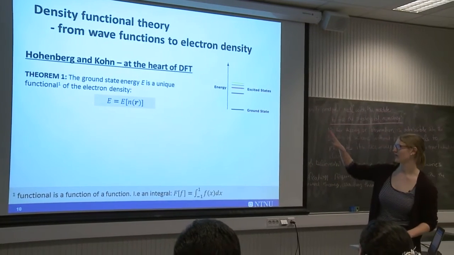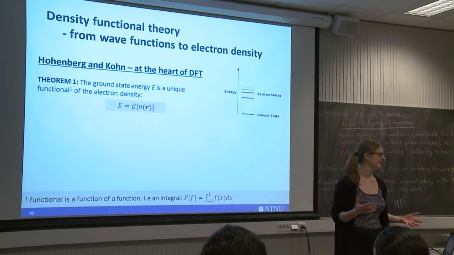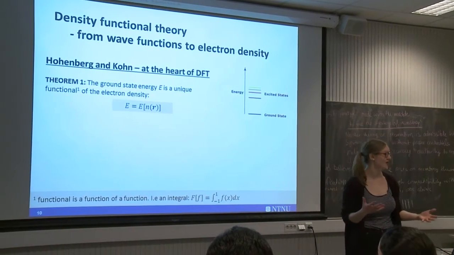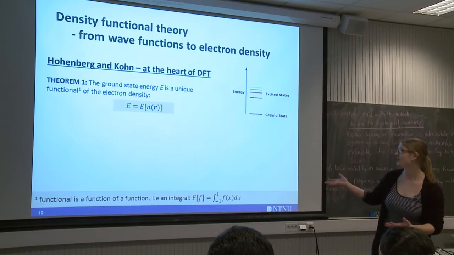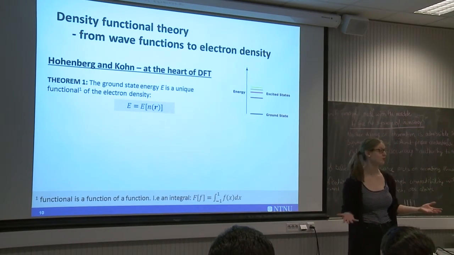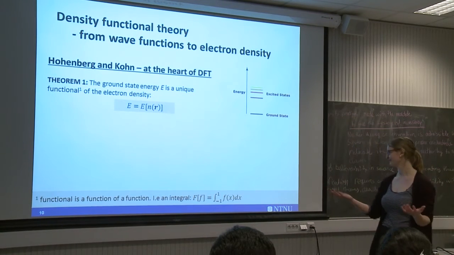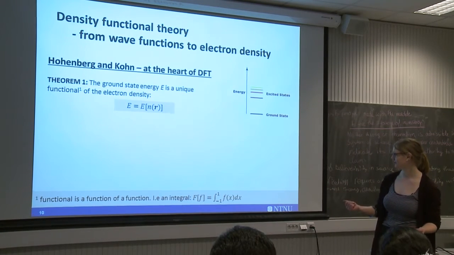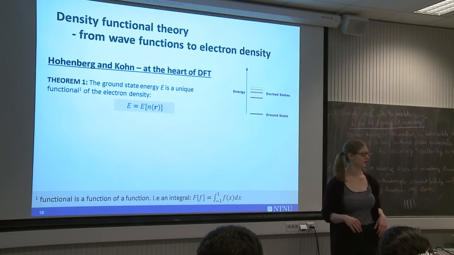So here's where the fancy word functional comes in. But it's not really a fancy or a scary word. It's something you've all done. So a functional is basically a function of a function. A functional you all would know. An integral, that's a functional, sorry, right? So yeah, don't be afraid of the word functional.